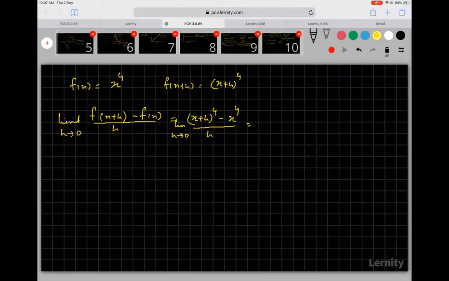Now this is a power 4 minus b power 4, which can be written as (x plus h) the whole square plus x square, into (x plus h) the whole square minus x square, by h.